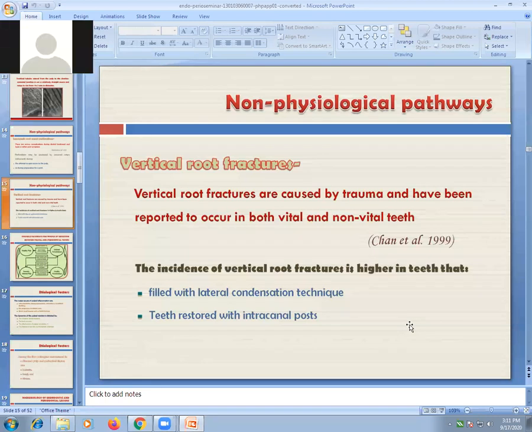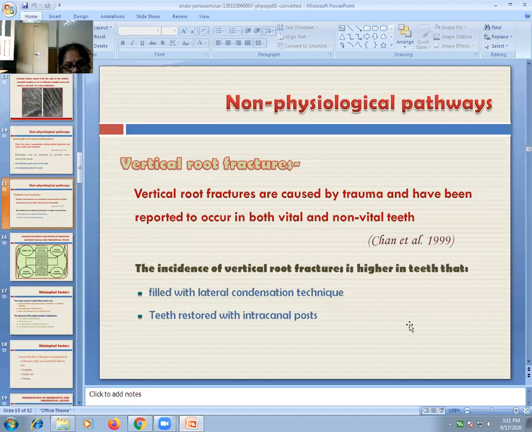So the next non-physiological pathway is vertical root fracture. You must be aware of vertical root fracture. Whenever there is trauma or during a procedure, there is a possibility of a through and through fracture of the root, which again has a poor prognosis while treating.